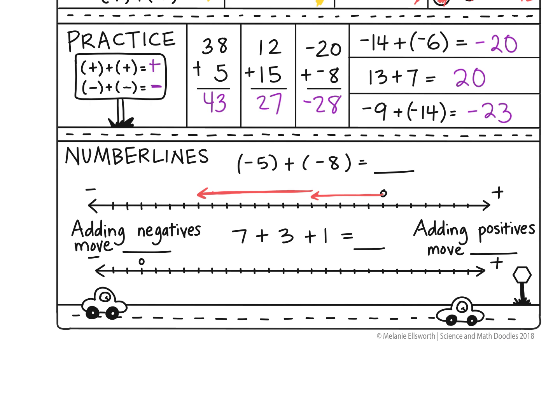I am showing the distance because, remember, signs are the same, so I'm really looking at the absolute values of my numbers. So I'm looking at the 5 here plus the 8 spaces here, and I end up at negative 13 because I want to keep this sign the same. I was working with negatives, it's still a negative. When I am adding negatives, I move left.